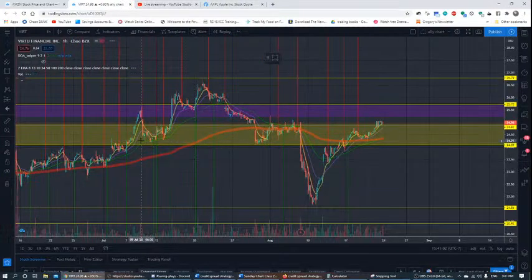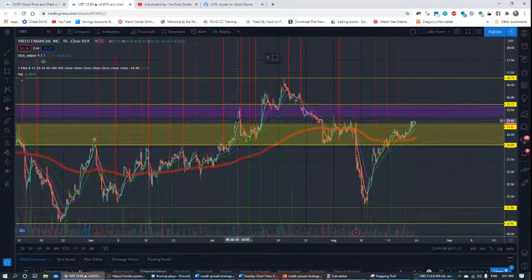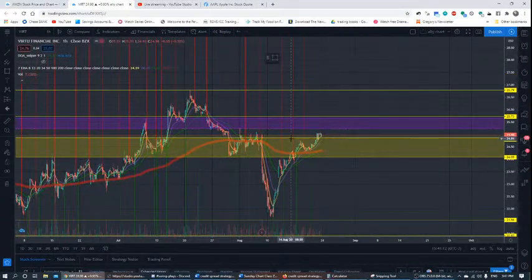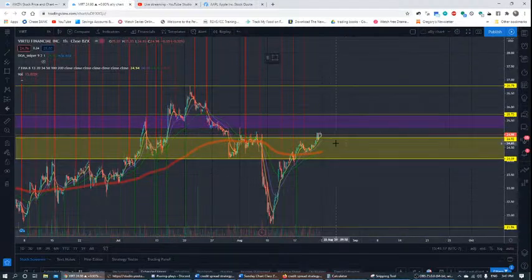And also looking here and here, this is the area where we had a lot of resistance, and now it has turned into support. So this would be like a bull flag case. What I would like for the stock to do is maybe consolidate more, and then we push up into this purple zone.